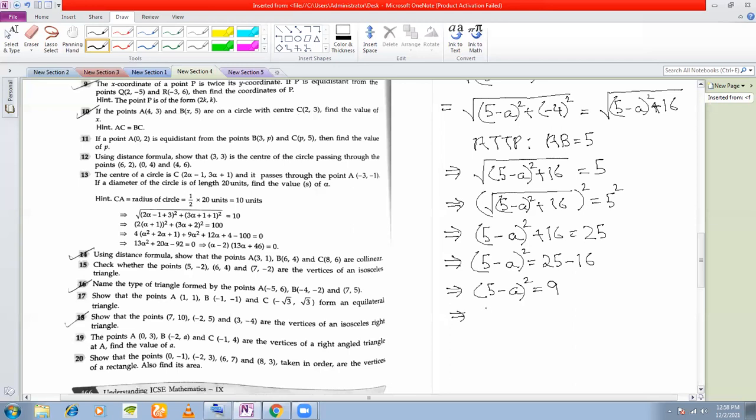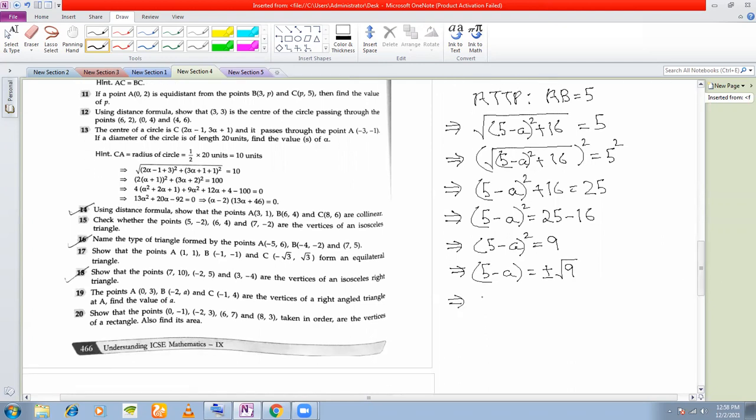So that means you get 5 minus a is equal to plus or minus square root of 9, means you get 5 minus a is equal to plus or minus 3. So that means either 5 minus a is equal to plus 3 or 5 minus a is equal to minus 3, right?